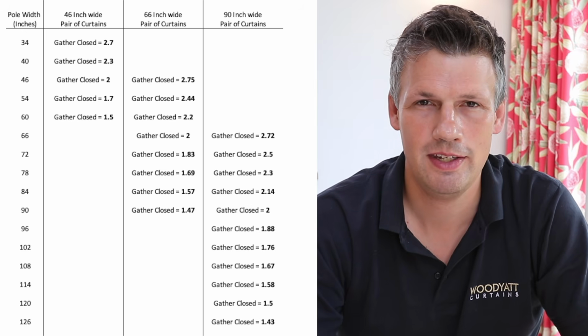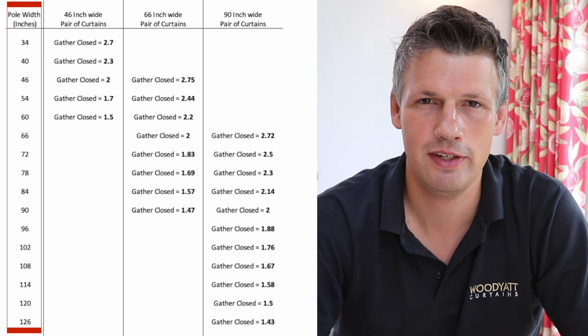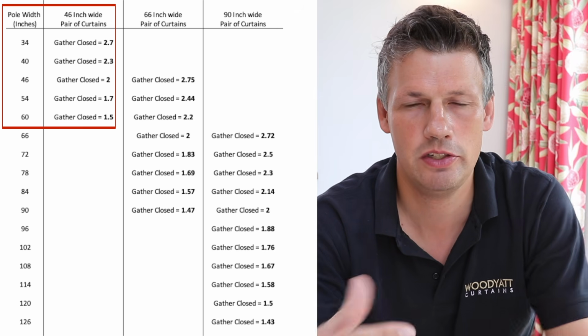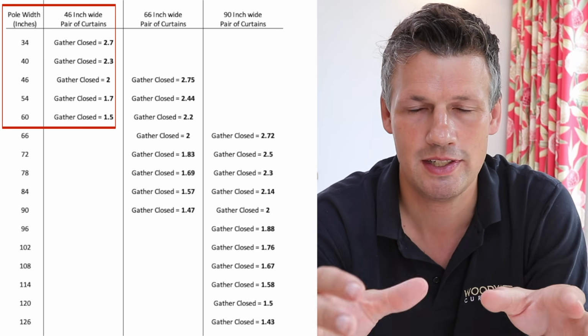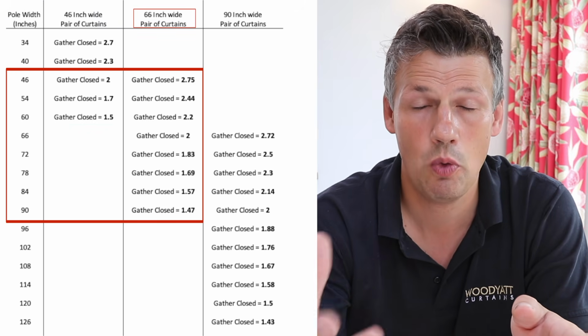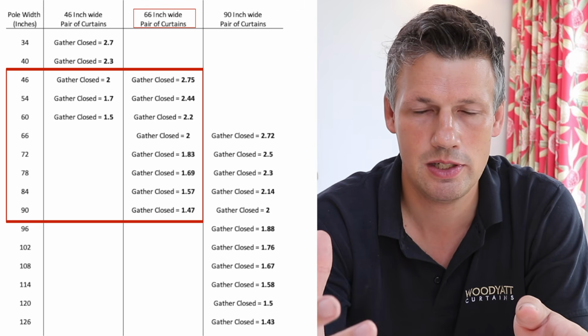Right, okay, so this table is a summary of what we've been talking about today. You can see the pole width along the side, and starting off you've got the smallest pair, the 46 inch wide pair, and they do a pole width from 34 to 60 inches. Next you've got the medium sized pair, the 66 inch, and this does a pole width from 46 to 90 inches.